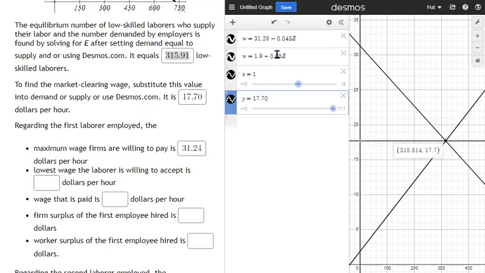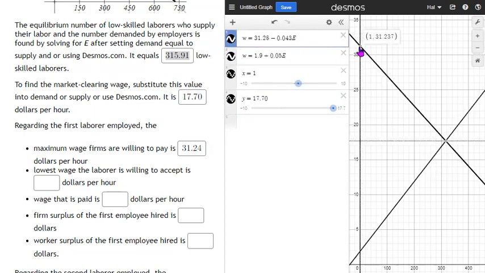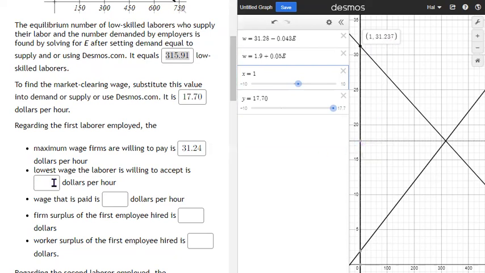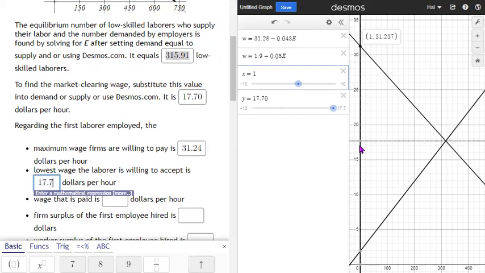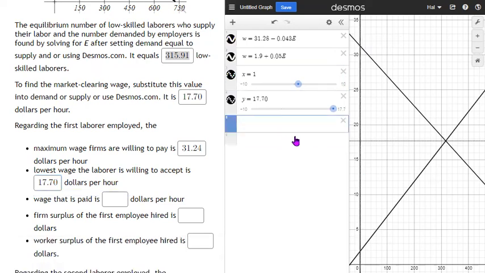Now the firm is willing to pay that first employee $31.24 per hour. They're willing to pay up to that, but they only have to pay what? 17.7, right? They only have to pay 17.7.